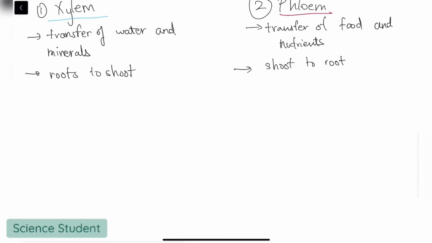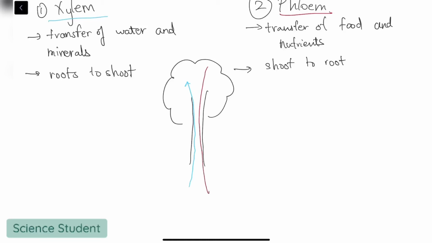Okay, so if this is a plant, then direction of xylem is in this way and direction of phloem is in this way. Okay, so this is one thing.